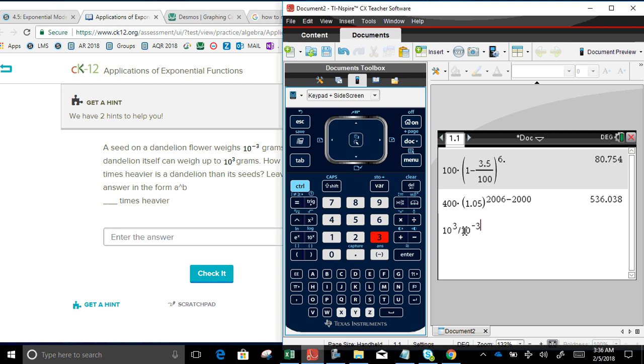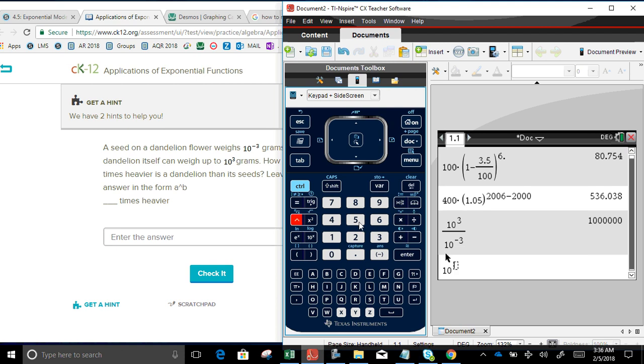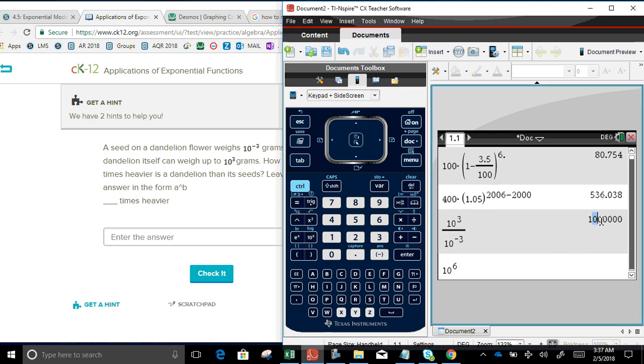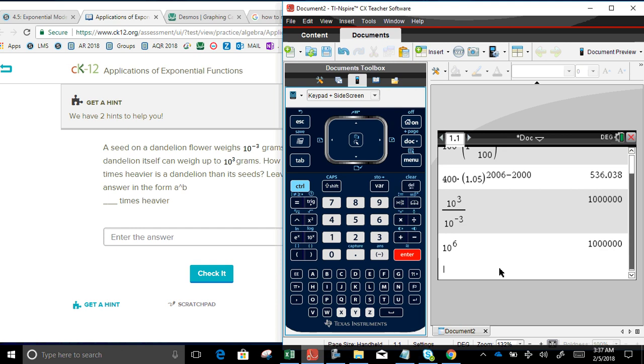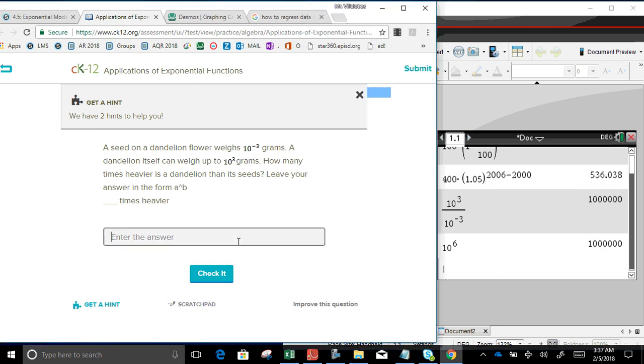And you should be able to do this in your head. That'd be 3 minus negative 3, so it's 10 to the 6th, which is 1 followed by 6 zeros. 1, 2, 3, 4, 5, 6. Oops. So write this as the answer: 10, shift, and 6.